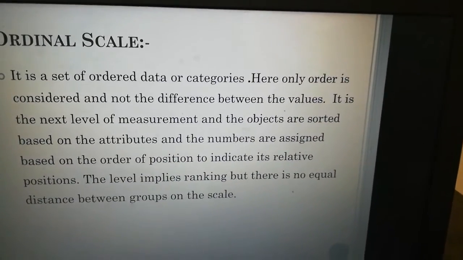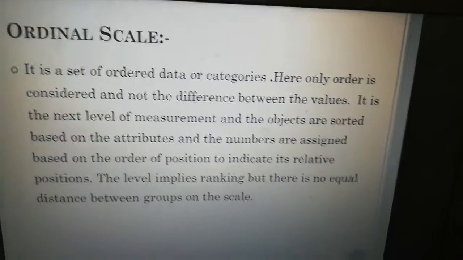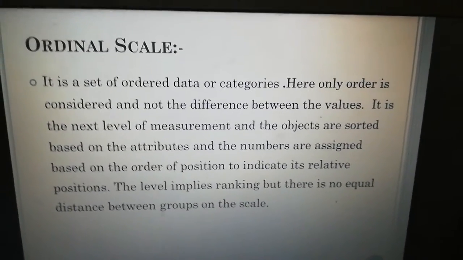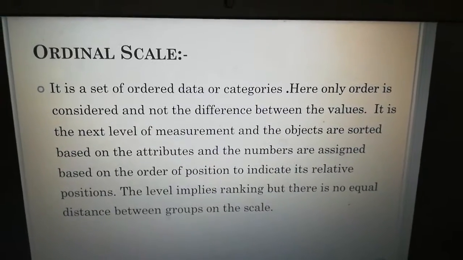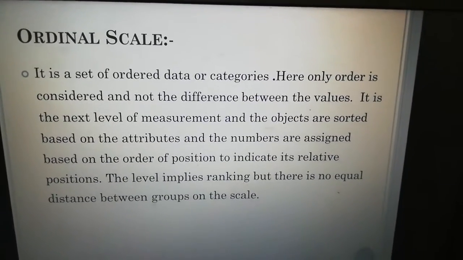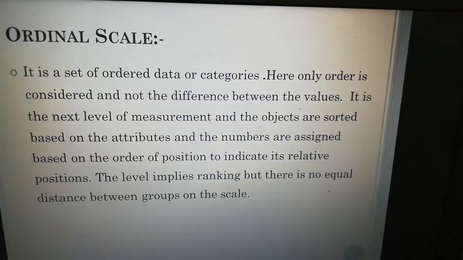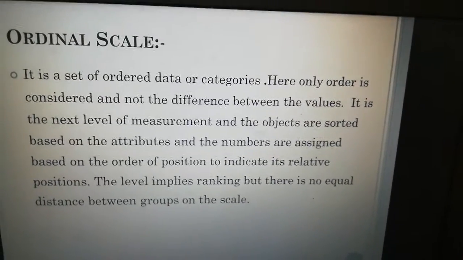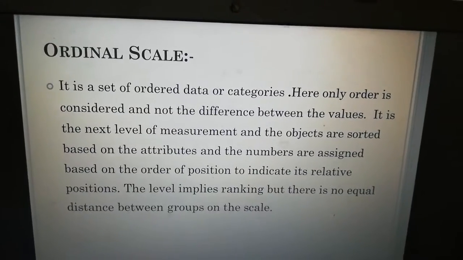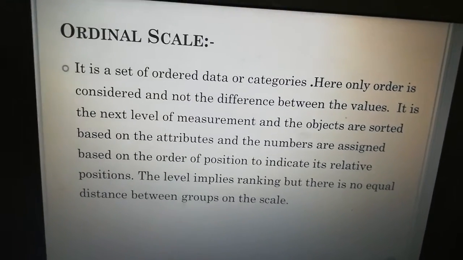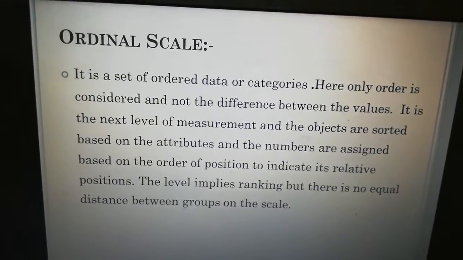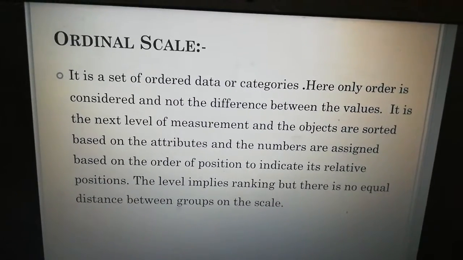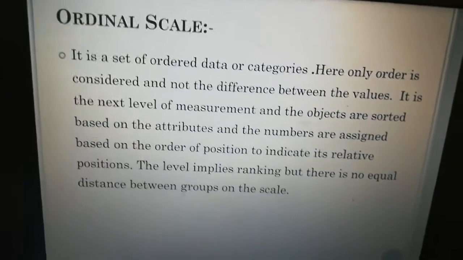Objects are sorted based on the attribute, and numbers are assigned based on the order of position to indicate relative position, like ranking. But there is no equal distribution between the groups on the scale at all. Just orderly it is arranged, only the ranking is done.